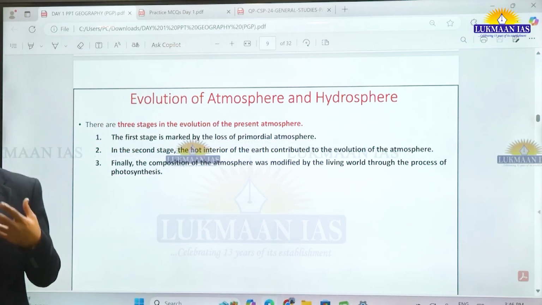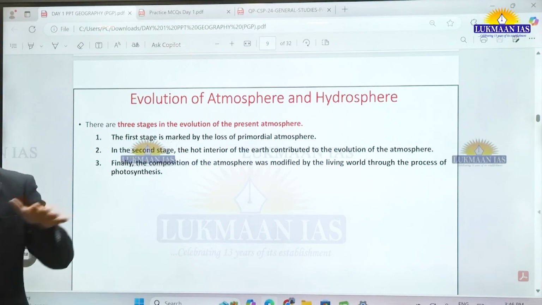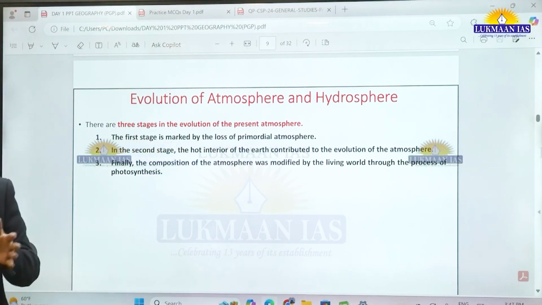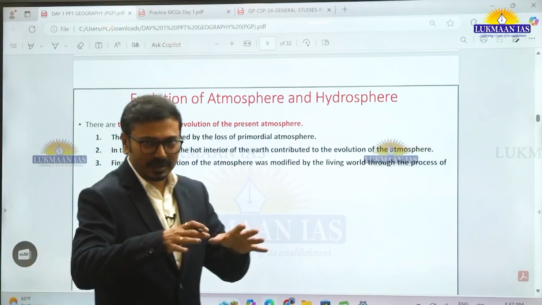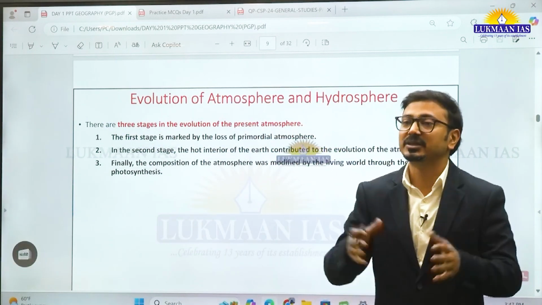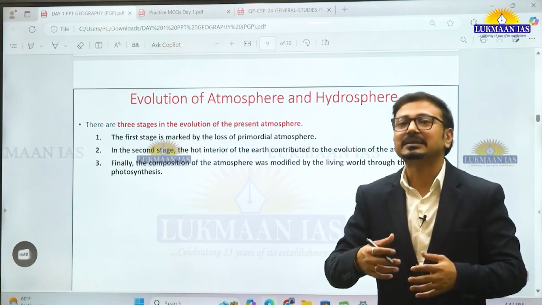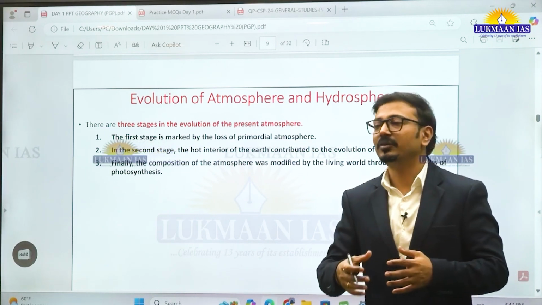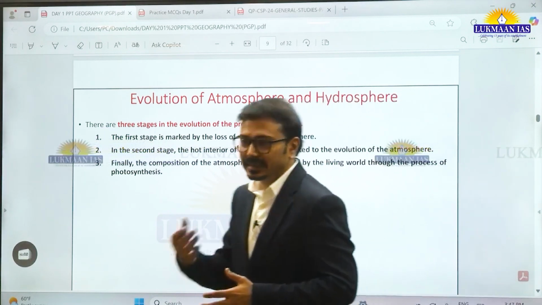The first layer to cool down was of course the outer layer, and that's why the outer layer, the crust and uppermost mantle, is now solid, while the interiors are still hot because of the residual heat that earth carries.